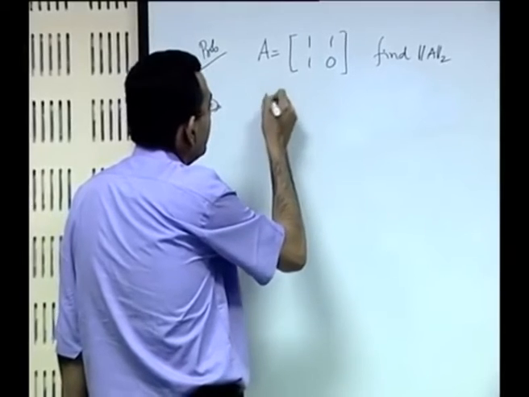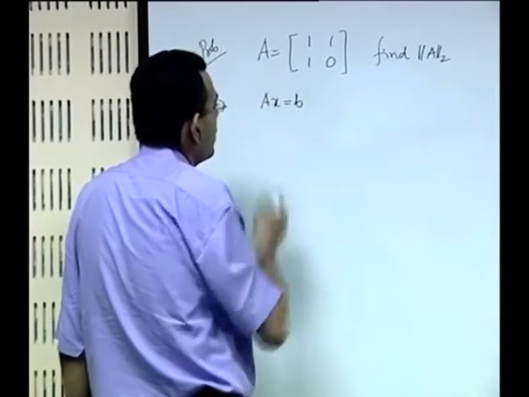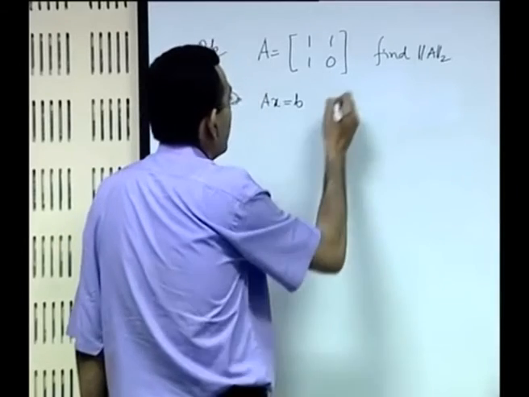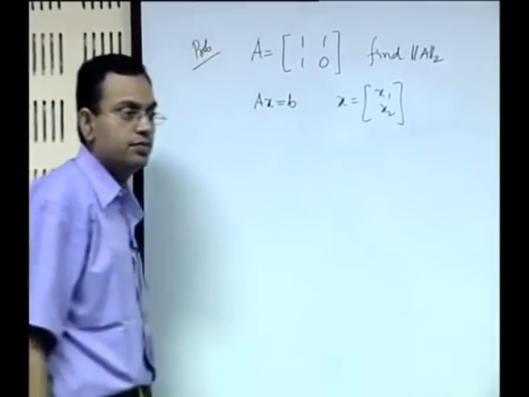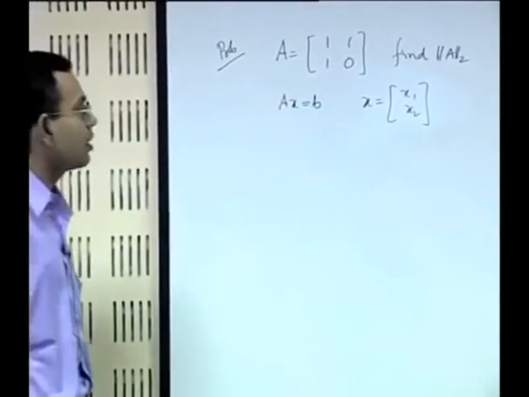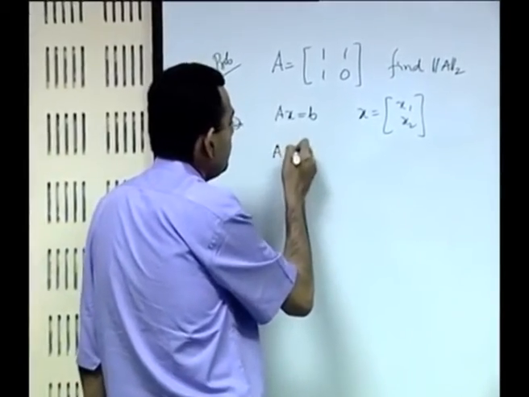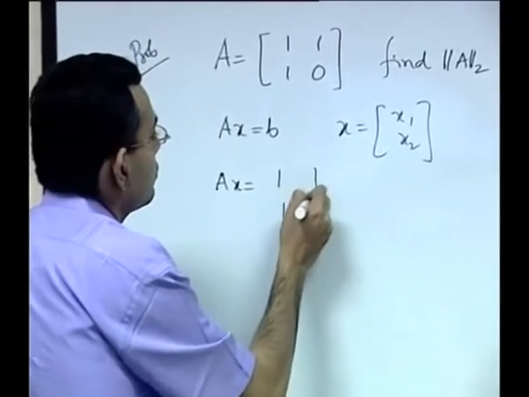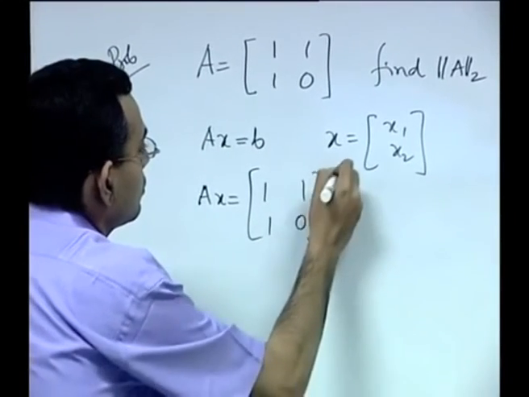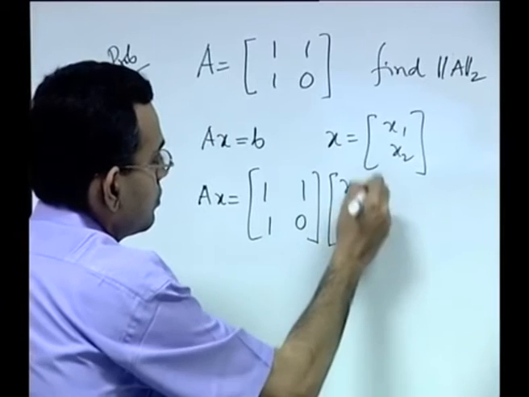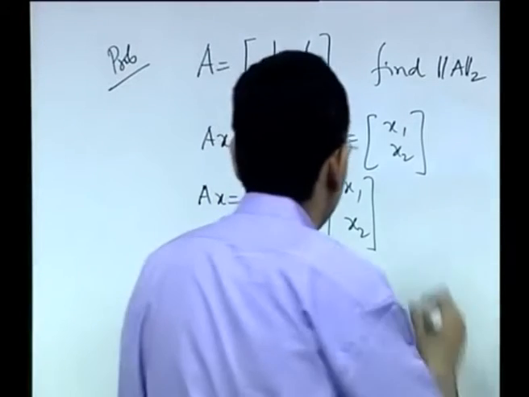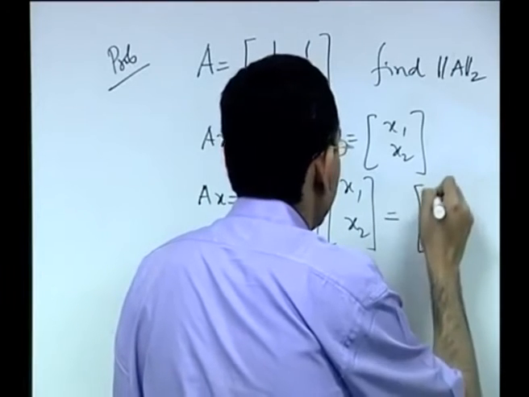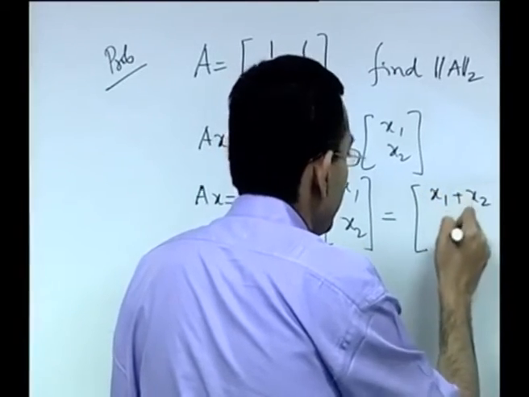So let us say that we have Ax equal to some b, where x equal to x1 x2. So what is Ax? x1 plus x2 and x1.